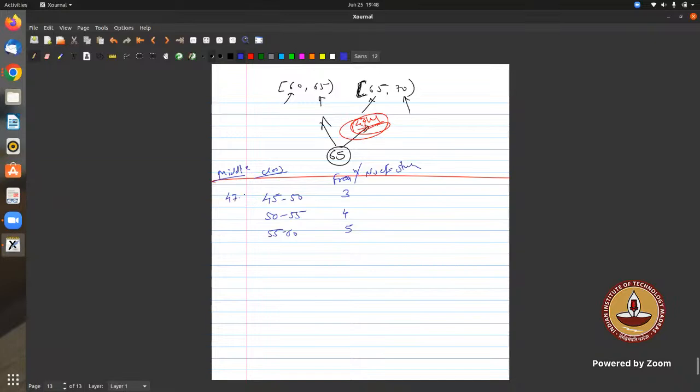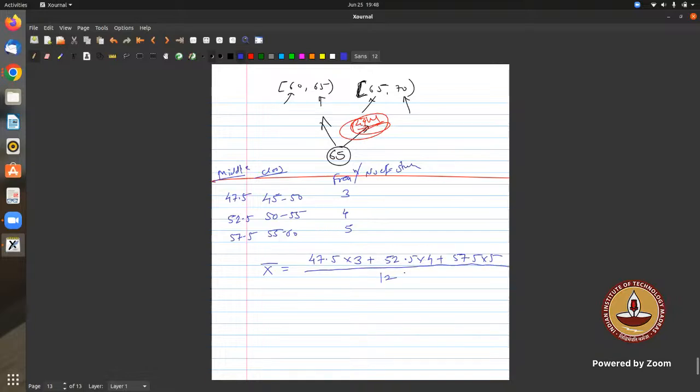47.5. This is called the group mean of the data. So here, let's say 52.5, 57.5. So the average will be equal to 47.5 class marks into 3 plus 52.5 into 4 plus 57.5 into 5, divided by how much? 12.